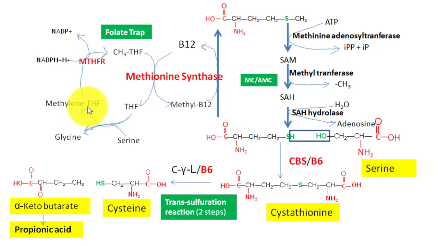But this methylene will not be transferred; a methyl group has to be transferred. So methylene will be reduced to methyl by this enzyme. If there is deficiency in this enzyme, methylene will not be reduced to methyl, and ultimately methylation will not happen, and this reaction will not happen. Because of this there will not be conversion of homocysteine to methionine, and therefore homocystinuria.